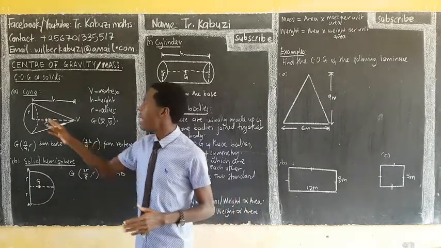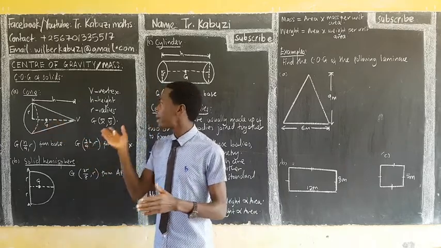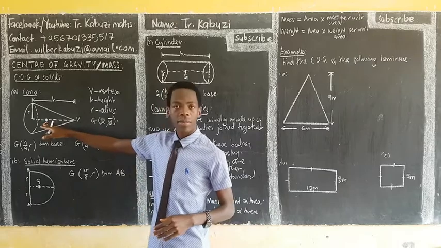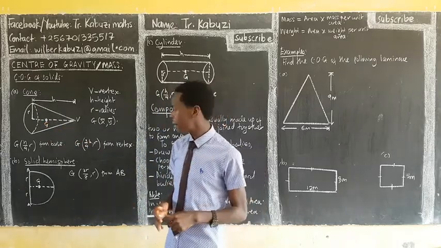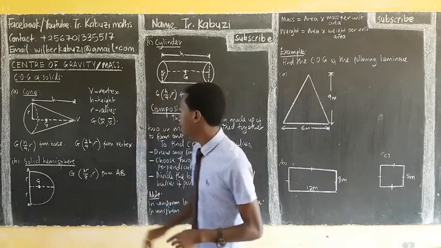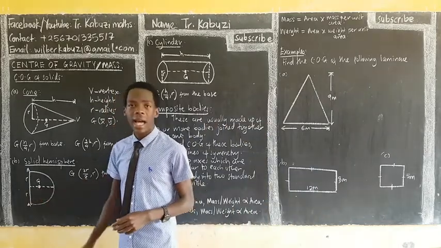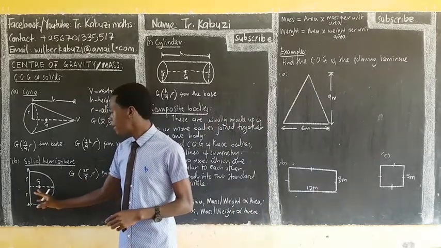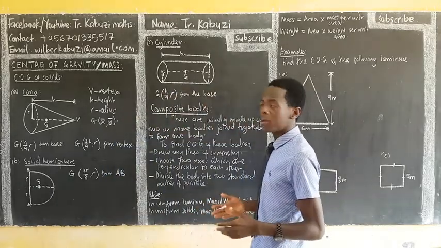That's why even here, when you follow this cone, if you divide it into two parts, you see this is the line of symmetry. So always the center of gravity is on the line of symmetry. Told that in previous lessons. Then here it's going to be 3/8 of the radius, R, from AB, from this line or from the center. Then you can calculate also from this side, it will be 5/8 R, the x coordinates.